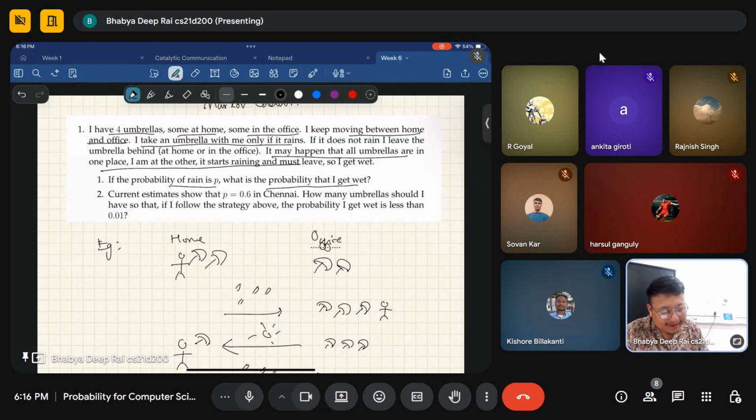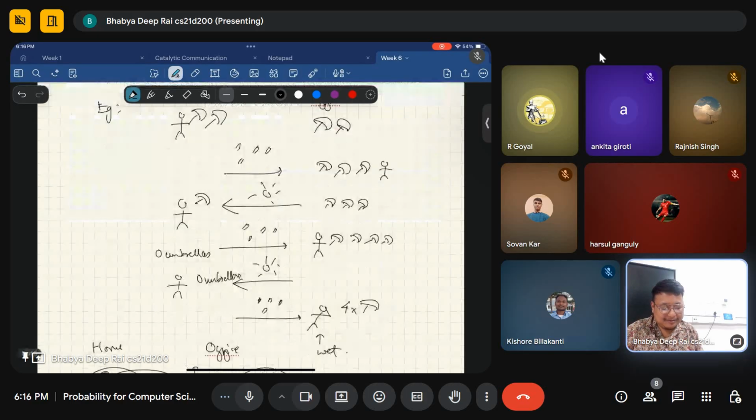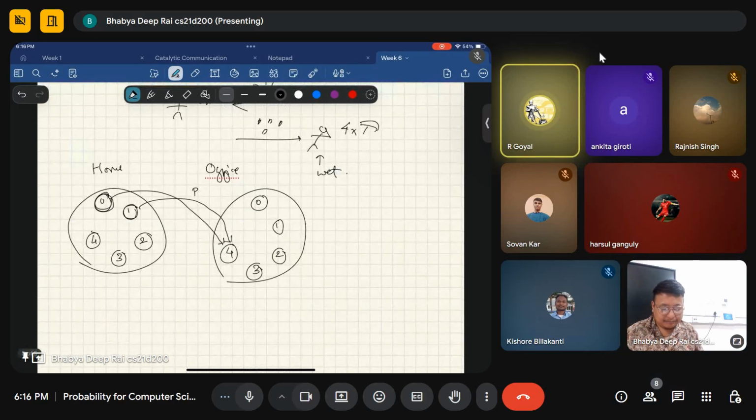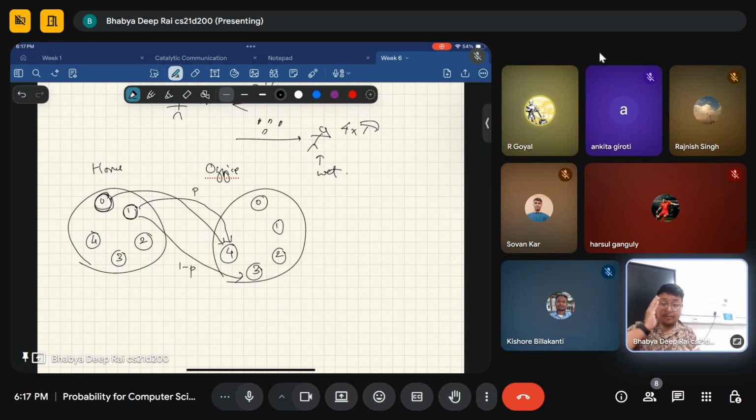If it does not rain, I leave the umbrella behind. So in that case, with the probability of 1 minus p, from 1 it will make the transition to 1 to 3. Good. 1 minus p, yes, right? And similarly for others.